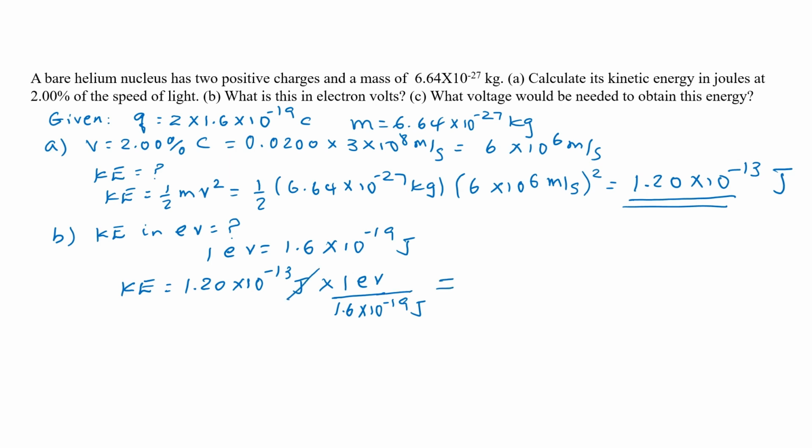If joule goes with joule, we are left with electron volt for the unit. And that yields 7.47 times 10 to the power of 5 electron volt.